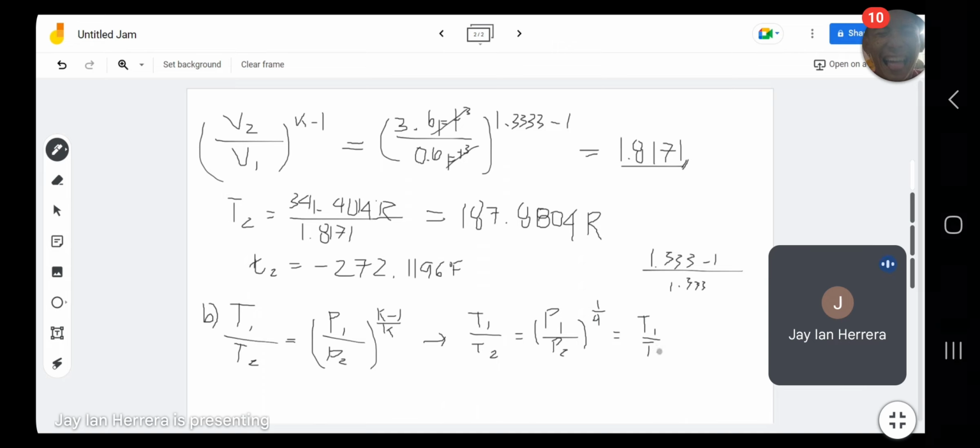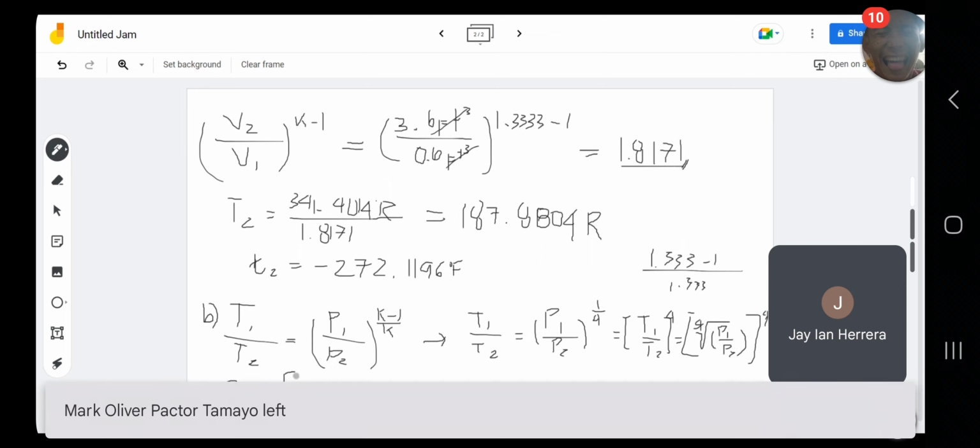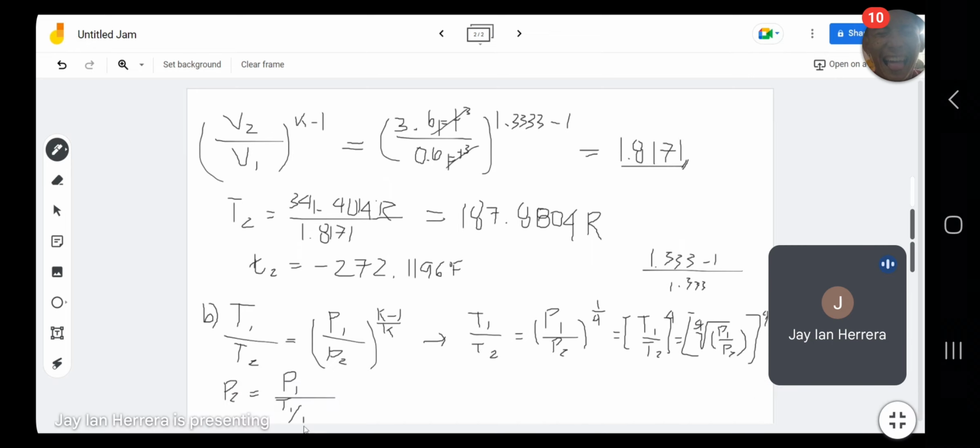So T1 all over T2 is equivalent to 4th root of P1 all over P2. Cancel, so therefore we can say that P2 is equivalent to P1 times T1 over T2 raised to 4.